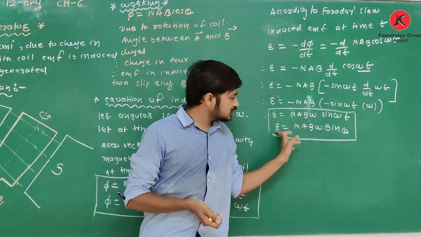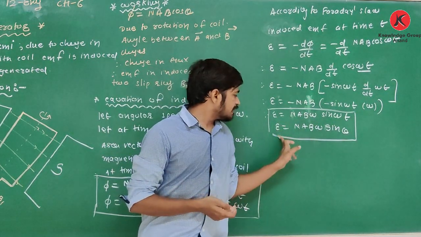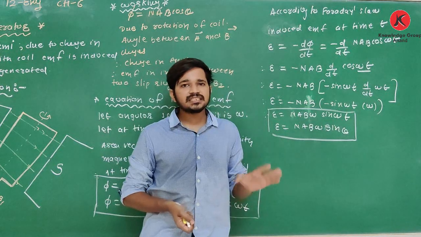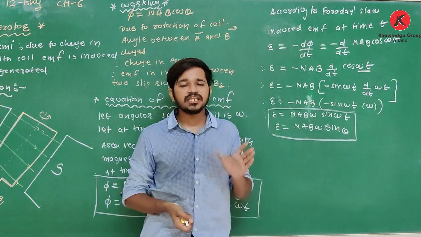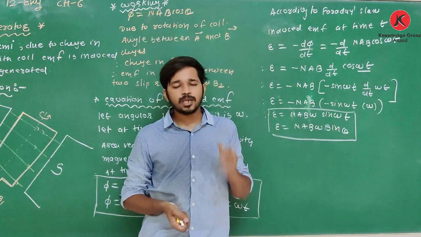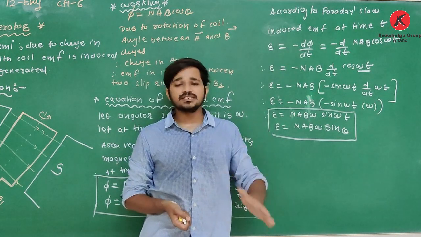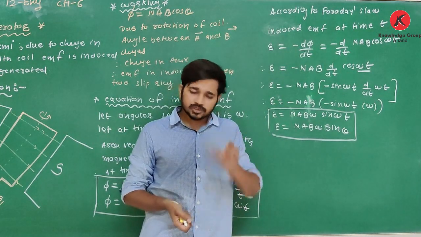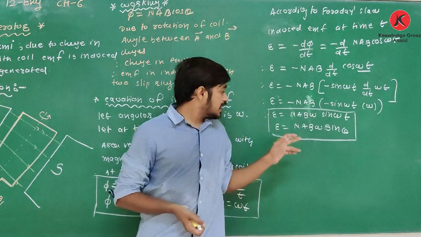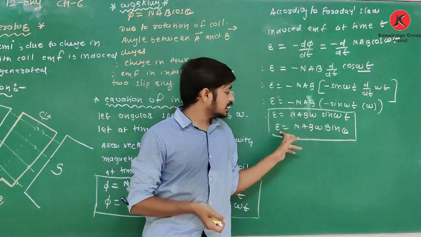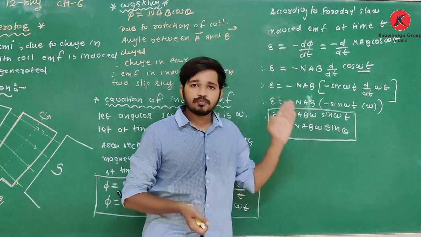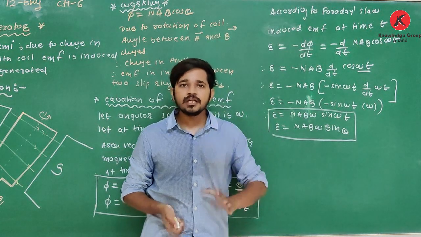It means this EMF is a function of sine, and the sine function's value is between plus 1 and minus 1. So obviously this EMF is between plus or minus NAB omega.